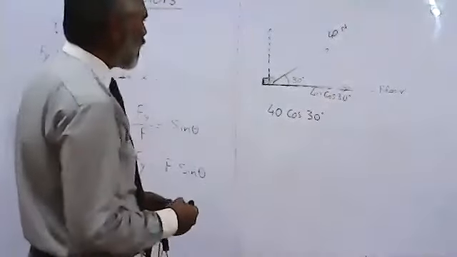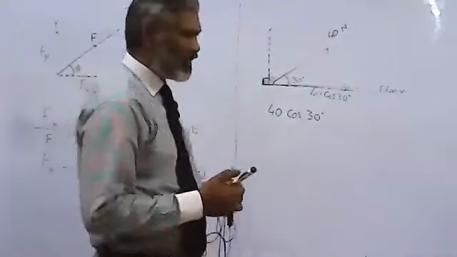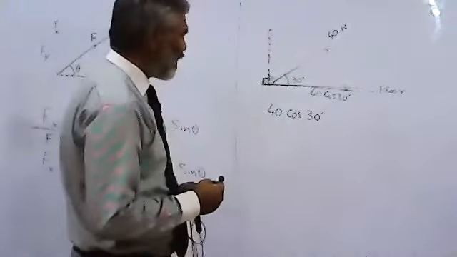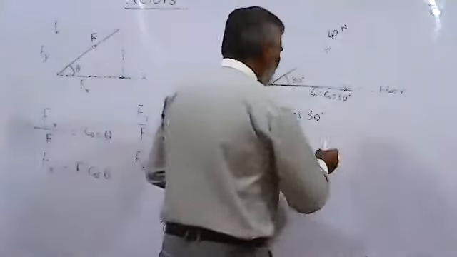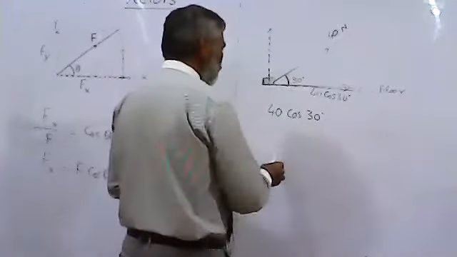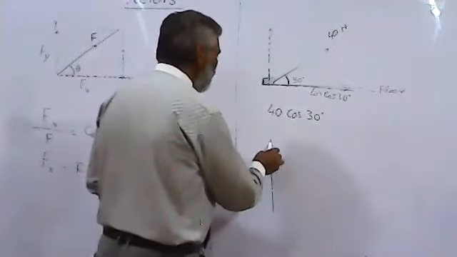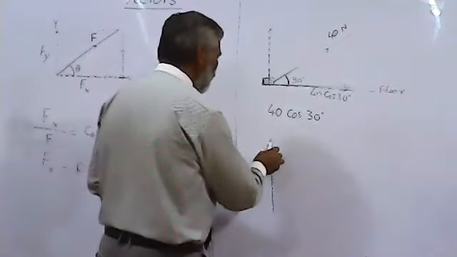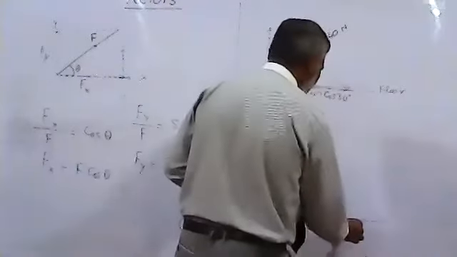That means components will be increased or decreased depending upon what angle you choose here. Suppose you want to lift an object upwards. The purpose is to lift an object upwards.